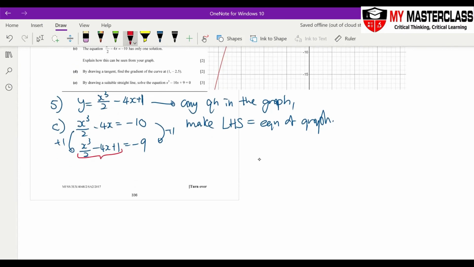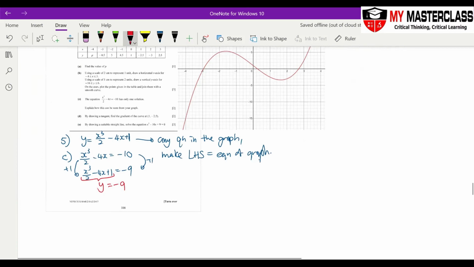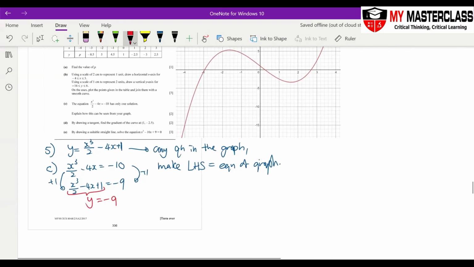Is this the equation of your graph, Jerica? This is called y, because you are drawing y equals negative 9. So take out your ruler and draw a line at y equals negative 9.